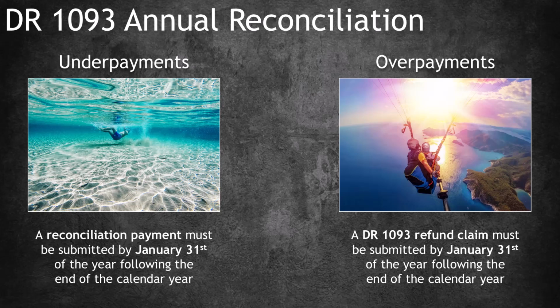If the DR 1093 is submitted after January 31st, a refund claim, Form DR 0137, is also required. Withholding refund claims received after the deadline will also have significantly longer processing times. This is why it is extremely important to remember that W-2s and the DR 1093 reconciliation return are due by January 31st after the close of the calendar year.